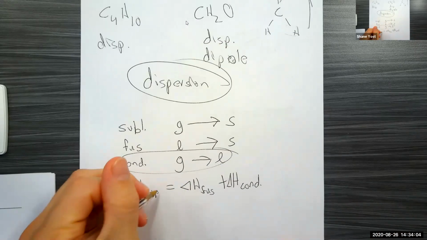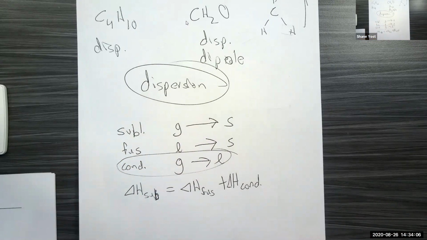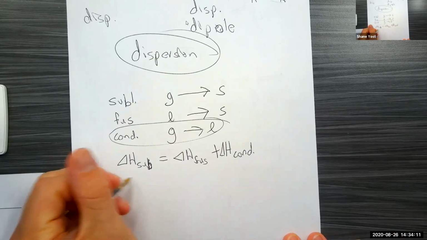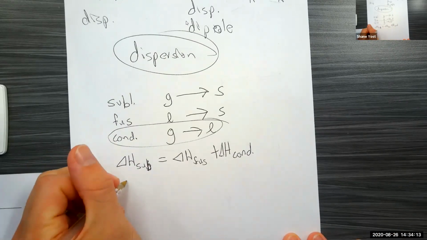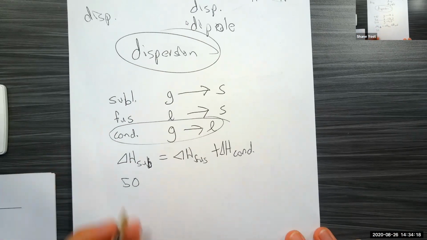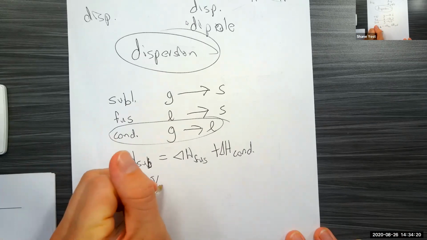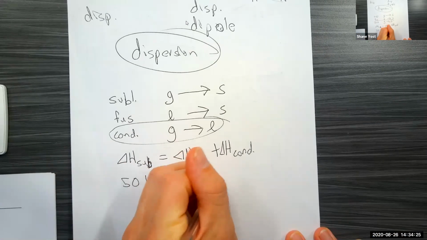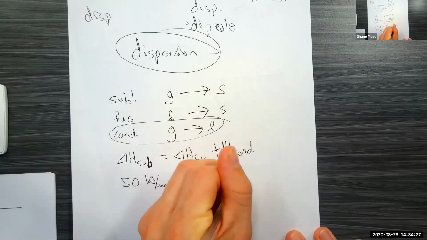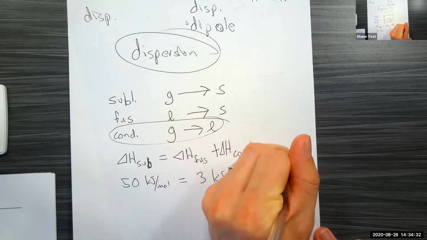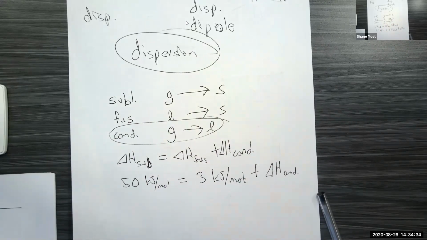We want the addition of these things. So if you fill in what we're looking for and what we are given, we're told this was 50, in units of kilojoules per mole, and then we were told this was 3 kilojoules per mole. And then we're looking for the enthalpy of condensation. And so you just subtract 3 over.